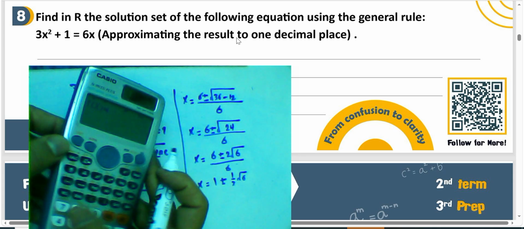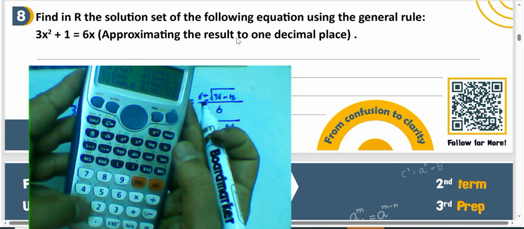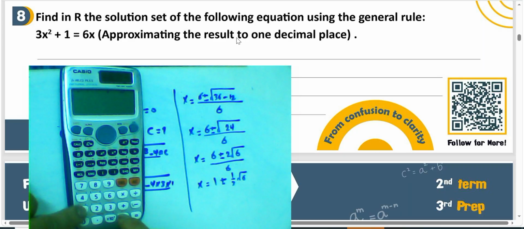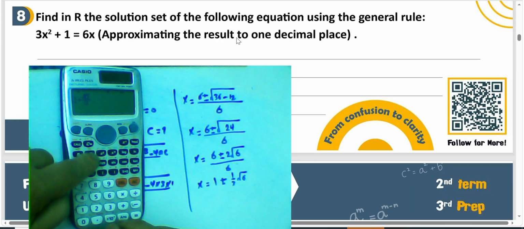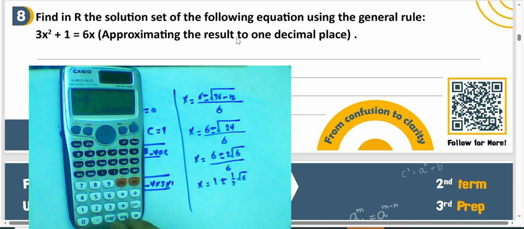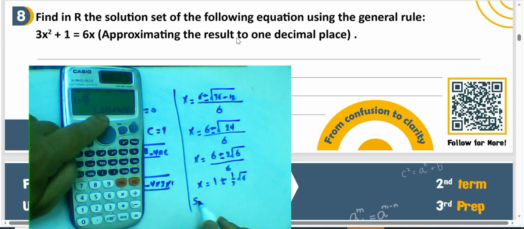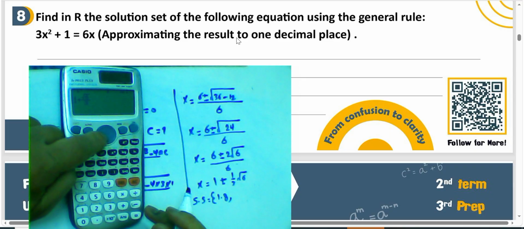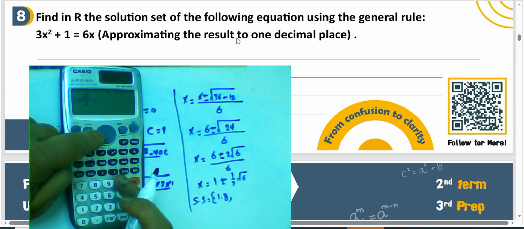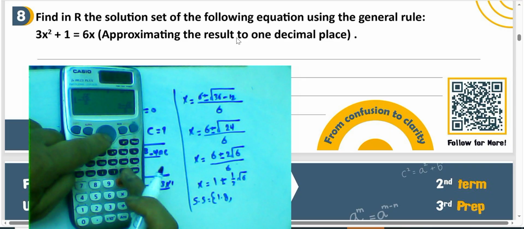Now I will check the answer by using a calculator. Write 1 plus root 6 over 3. The result is 1.8 as a solution, and I will change the sign here to negative, equal, and press this button.